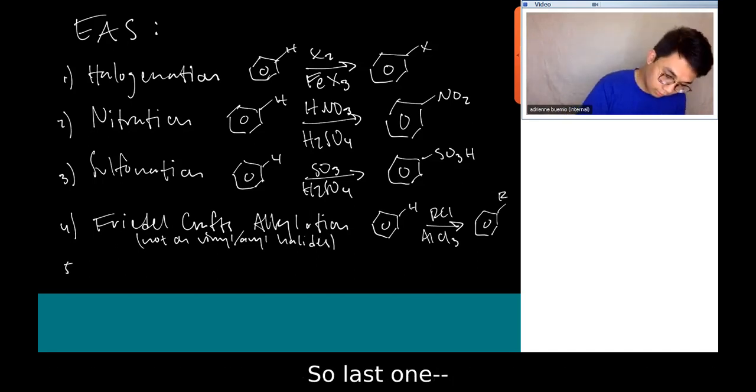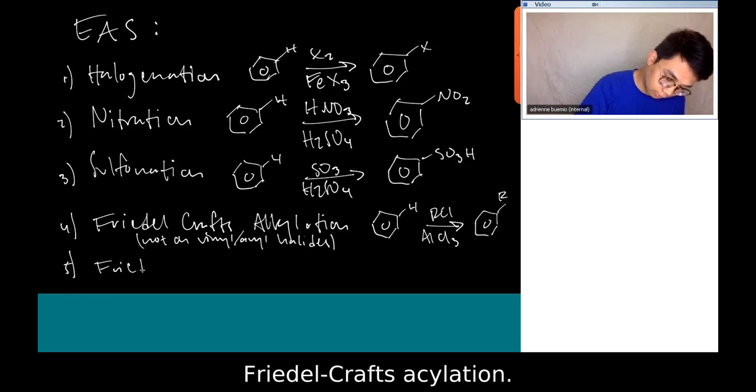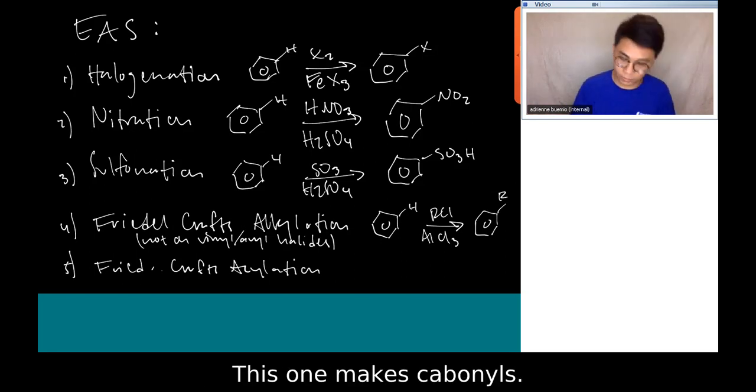So last one, Friedel-Crafts acylation. There's a difference: this one makes carbonyls.